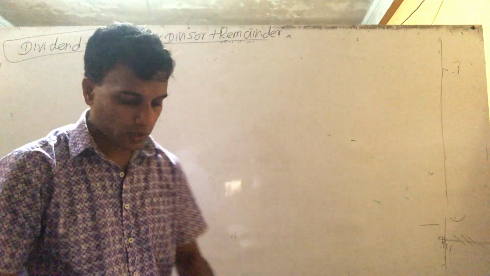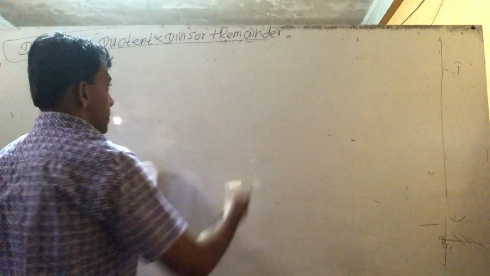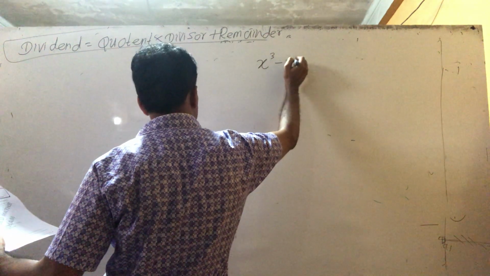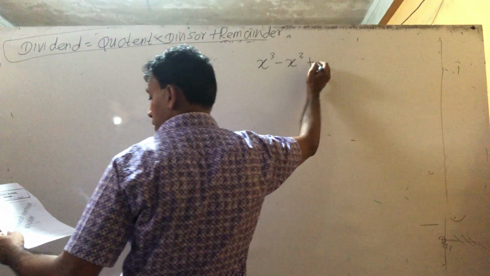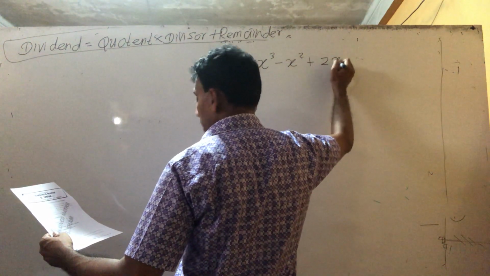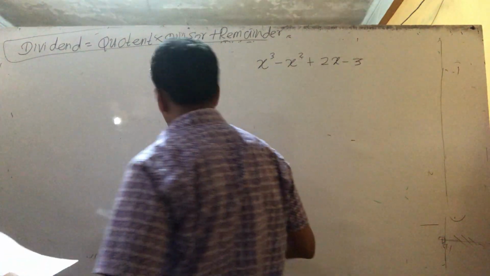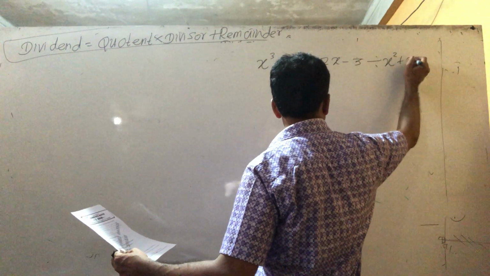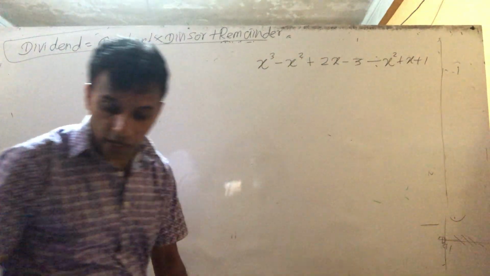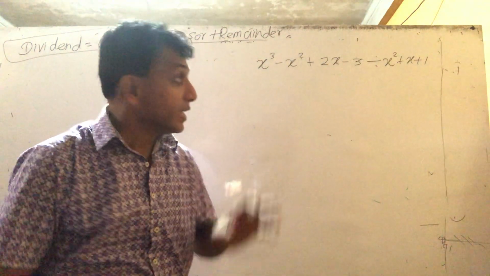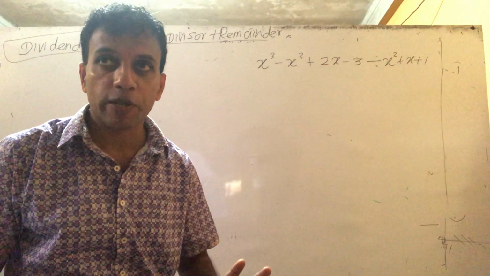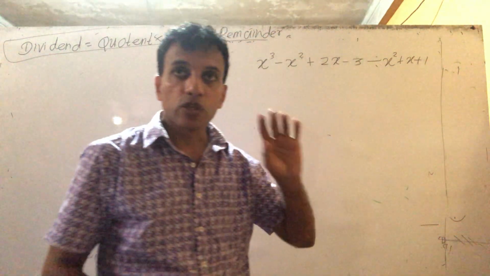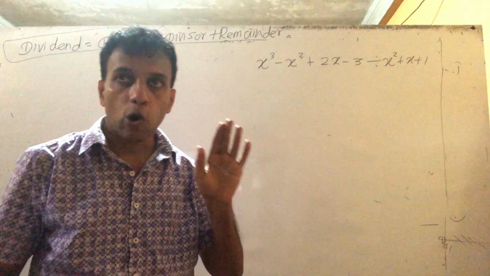Let's see another one: x cube minus x square plus 2x minus 3, divide by x square plus x plus 1. Here you can't use the synthetic method because synthetic should be a linear pattern. It's a quadratic divisor, so the only possibility at the moment is long division.